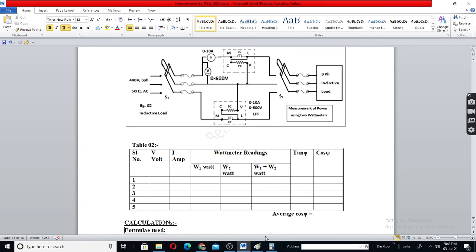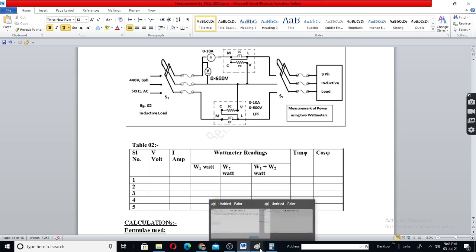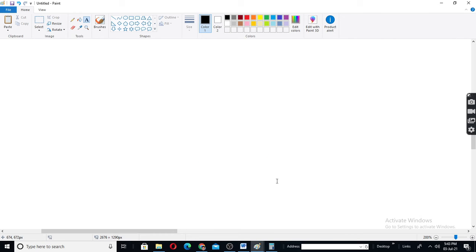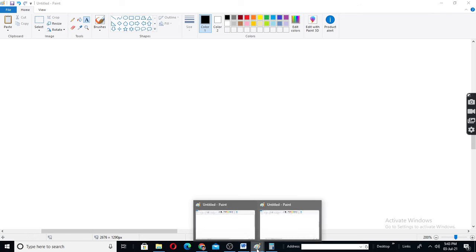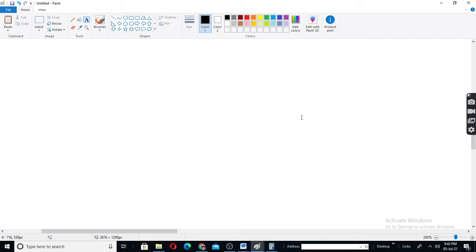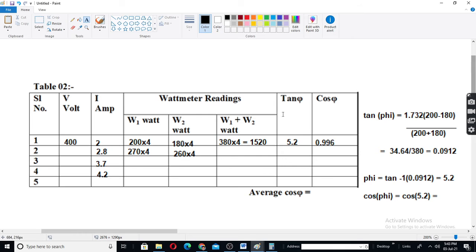So W2 will now become negative. Instead of writing 180, here we will have to write minus. If W1 is say 200, you will get here minus 180, or something like minus 160.